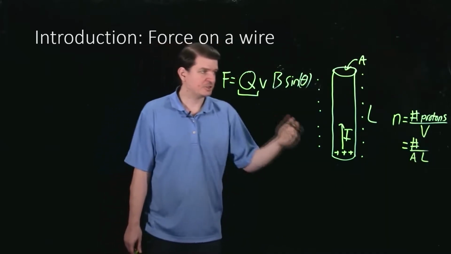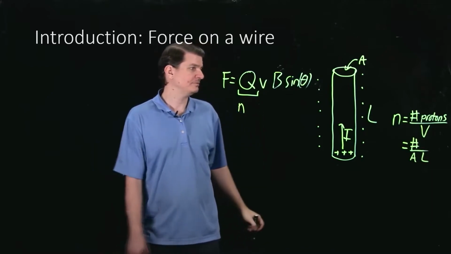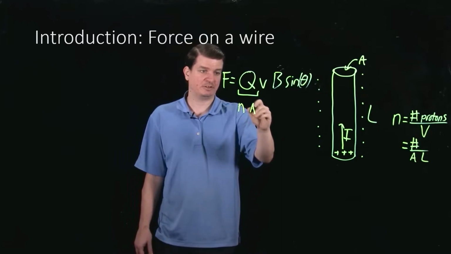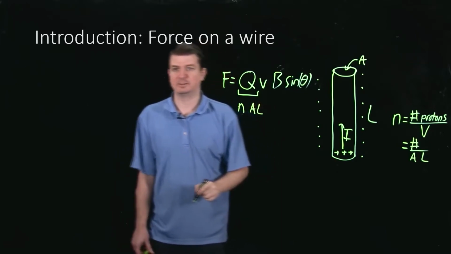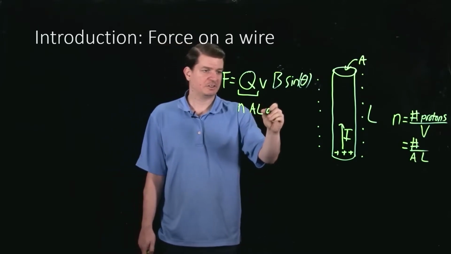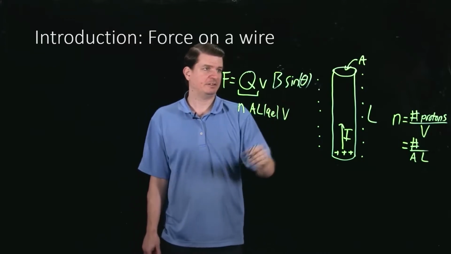So each individual one, there are n of them per unit volume. So we take n, we multiply by the volume to get the total number that are flowing through here. They would all have a charge, that's q_e. They're all moving with velocity v.